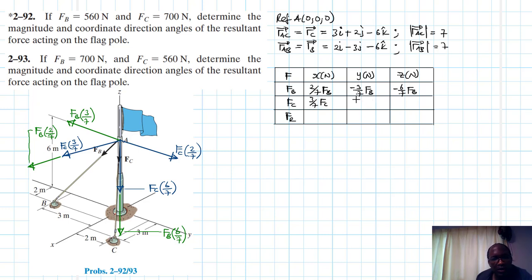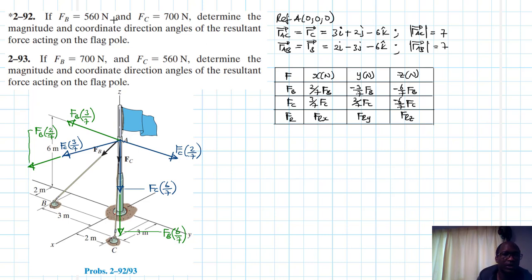The y is 2 divided by 7, and it is positive. And the other one is 6 divided by 7, and it is positive. And then we have the resultant there, which I'll just write as FRx, FRy, and FRz.